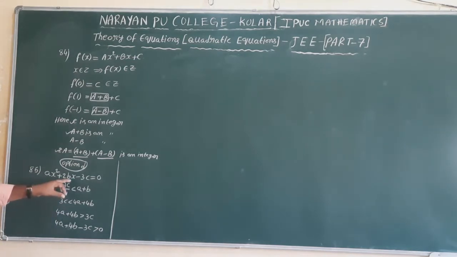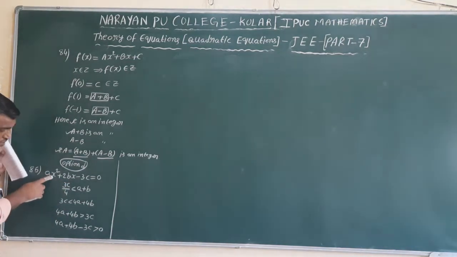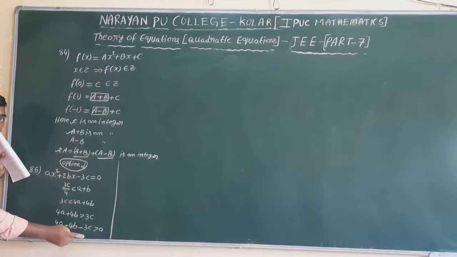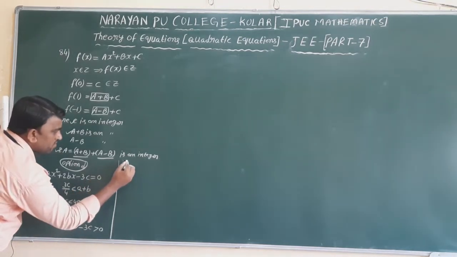So if you observe the quadratic equation, substituting the x value as 2, if x is 2, we get 4a plus 4b minus 3c. This inequality will come if x equal to 2.